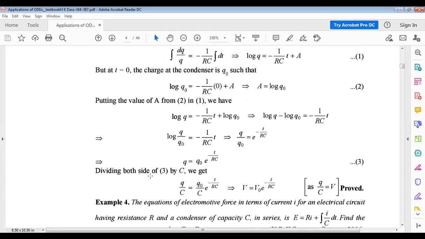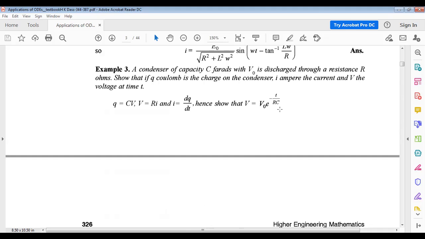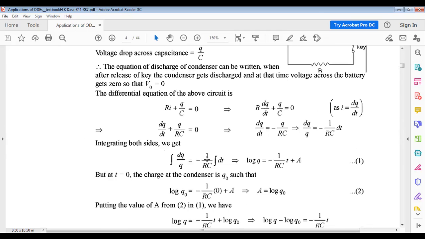Now dividing both sides of 3 by C, we get q by C equals to this. But q by C equals to V. So this is actually the law we have to derive. V equals to V naught, this one. Understand? And q equals to CV, using this V equals to Ri also. So we have proved the condition.